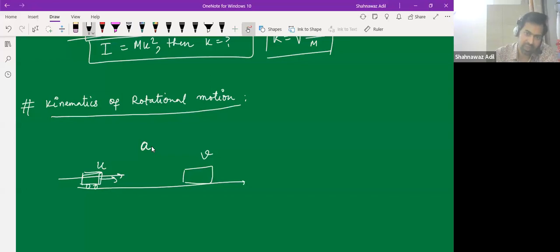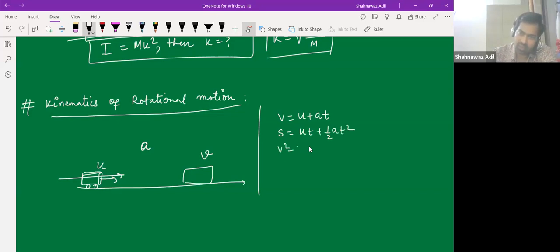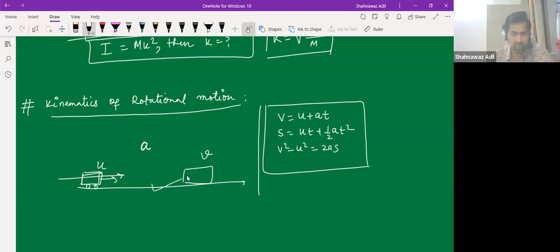So we wrote all these kinematics equations. We wrote that final velocity v was u plus at, that distance was ut plus half at square, and that v square minus u square is 2as. And this was in translation.